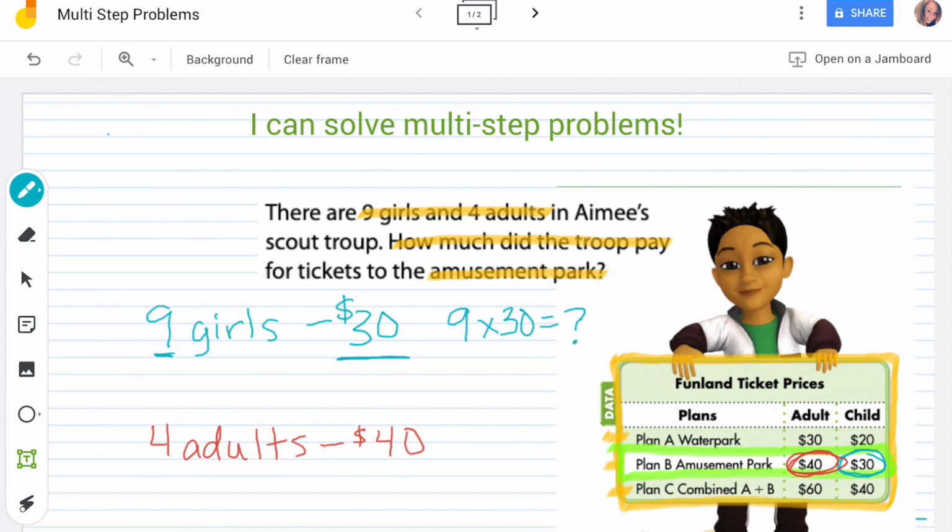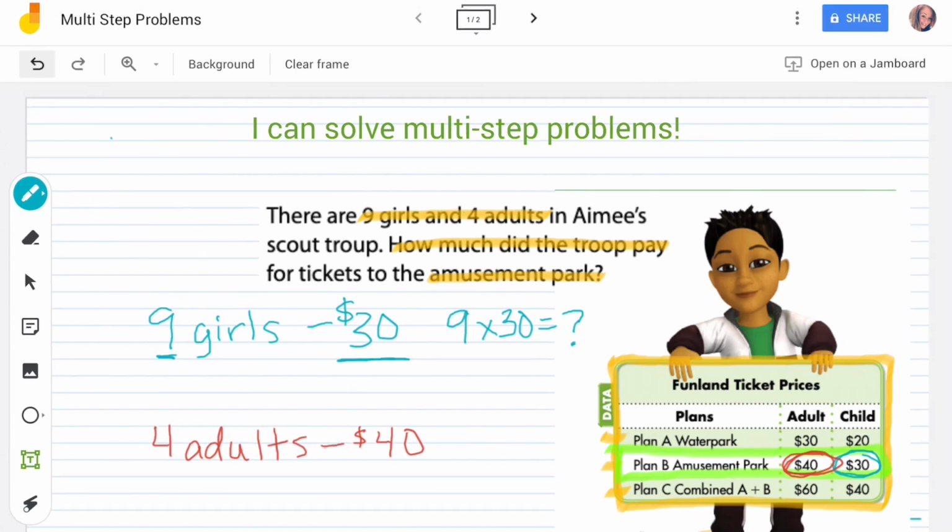If I think back to number bonds, I know that there are 3 tens that make up 30. If 3 tens make up 30, I'm going to represent it this way. 10 plus 10 plus 10 gets me 30.